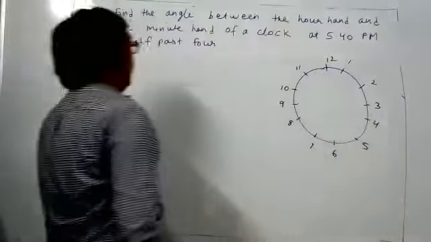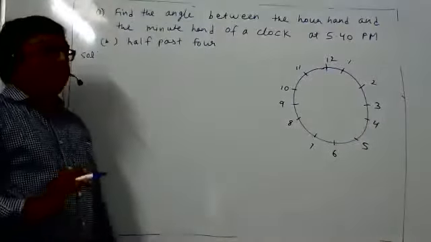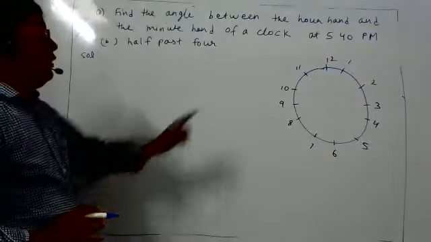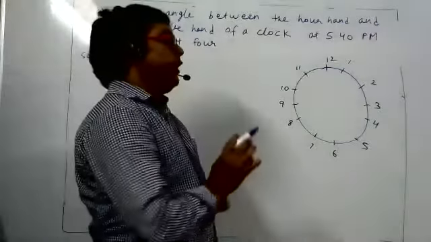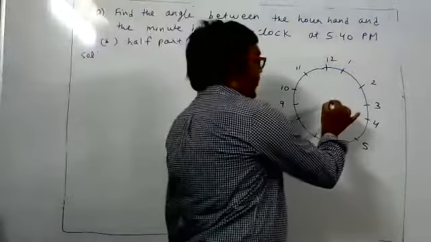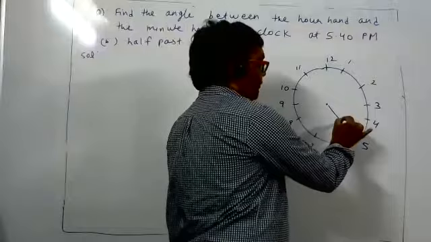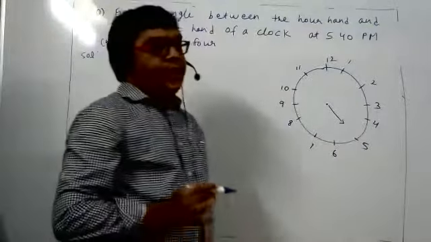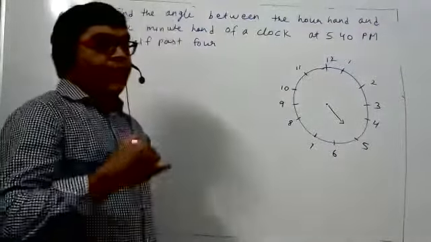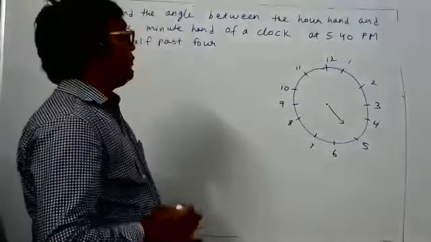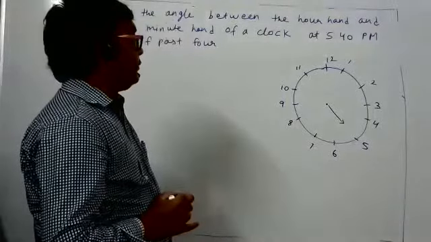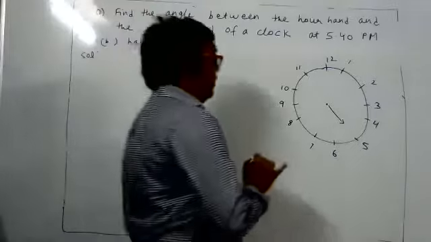Okay, I'll do one part thoroughly. You people understand. Don't copy. The time is 5:40. Sorry, 5:40 now, the hour hand will be on 5 and the minute hand will be on 40, that is, exactly on 8.